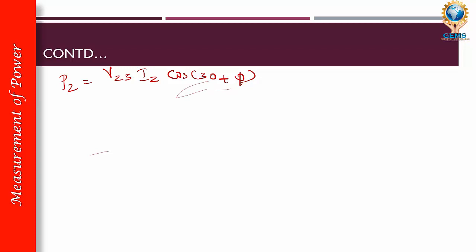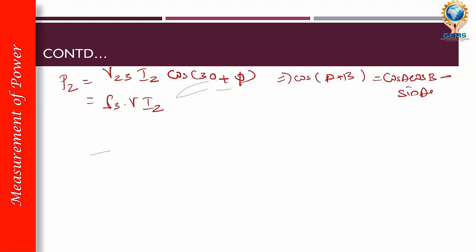So V23 is root 3 into supply voltage V, I2 cos(A plus B), which is nothing but cos A cos B minus sin A sin B. By substituting, I get cos 30 cos 5 minus sin 30 sin 5.